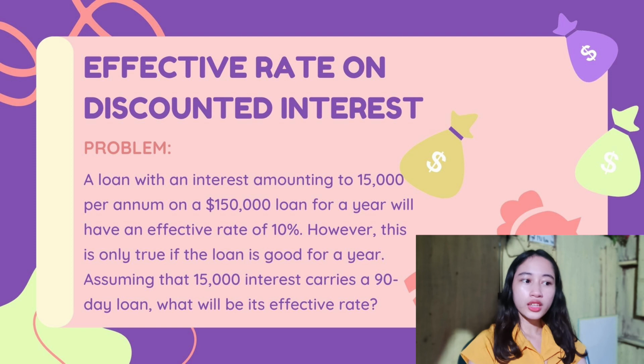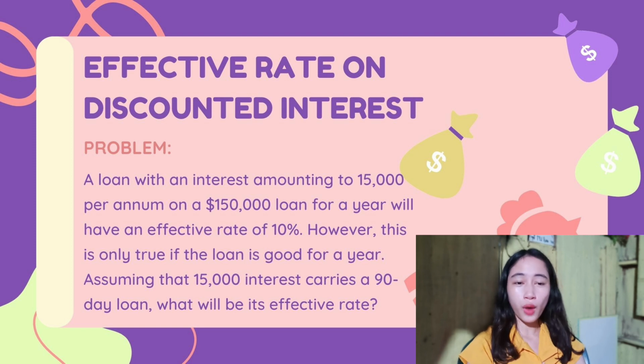A loan with an interest amounting to 15,000 per annum on a 150,000 loan for a year will have an effective rate of 10%. However, this is only true if the loan is good for a year. Assuming that the 15,000 interest carries a 90-day loan, what will be its effective rate? So we are looking for the effective rate of discounted interest.